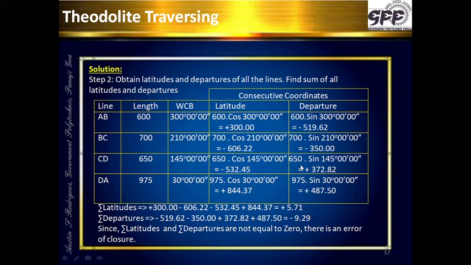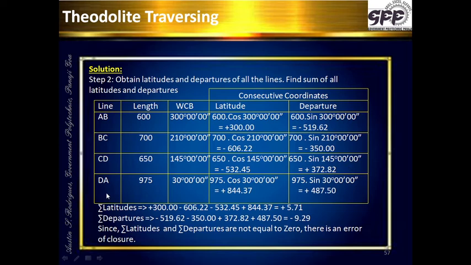Coming to the departure, departure is length into sine theta. Length is 650 units and sine of 145 degrees. 650 into sine of 145 degrees gives me plus 372.82, which tells me that the departure is in the east direction. So it's an easting of 372.82.